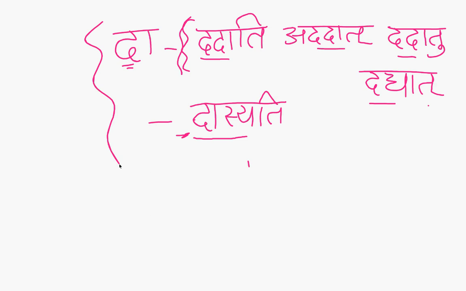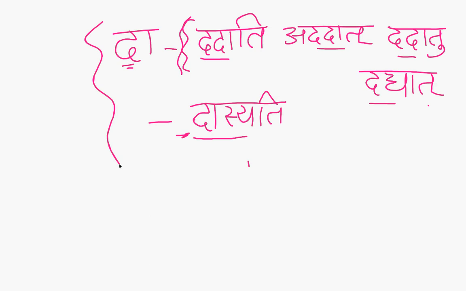In the first four lakaras, because of the vikarana pratyaya shlu, the dhatu repeats, duplicates for those four lakaras. Whereas in the other lakaras, the vikarana pratyaya is not applicable, and because of its absence, the repetition doesn't take place.